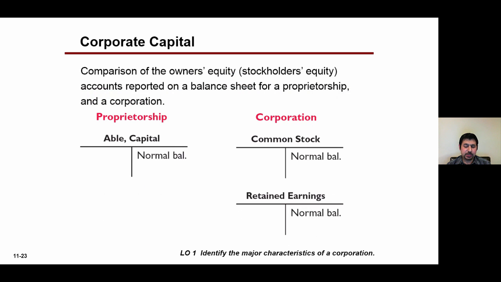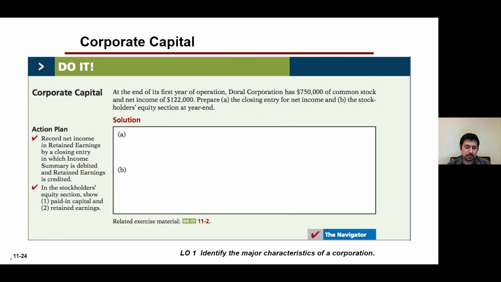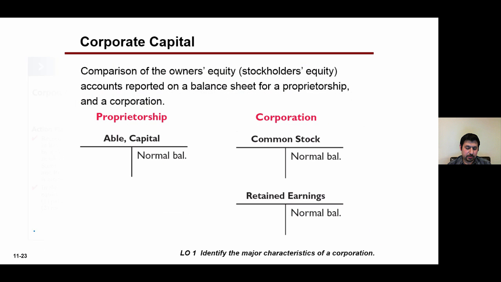So in comparison to owner's equity, this is basically for a proprietorship. Usually proprietorships only have one source. This would be the capital that was contributed by the proprietor or the partners.